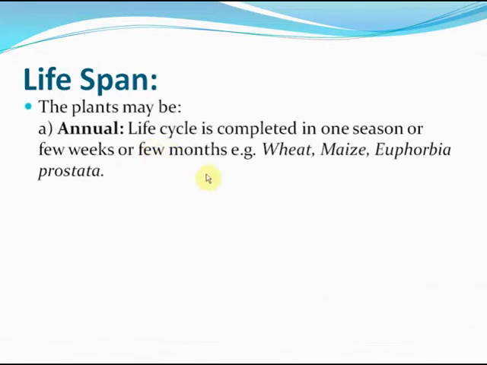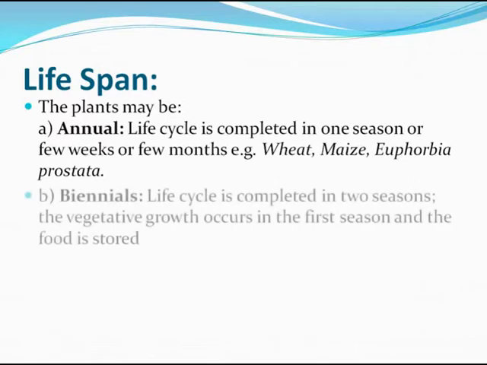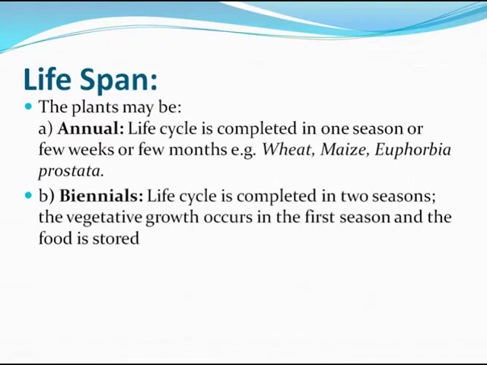The plants may be annual, that is, the life cycle is completed in one season or a few weeks or a few months' time. Examples are wheat, maize, Euphorbia prostrata. They can be biennials, in which the life cycle is completed in 2 seasons, and the vegetative growth occurs in the first season and the food is stored.